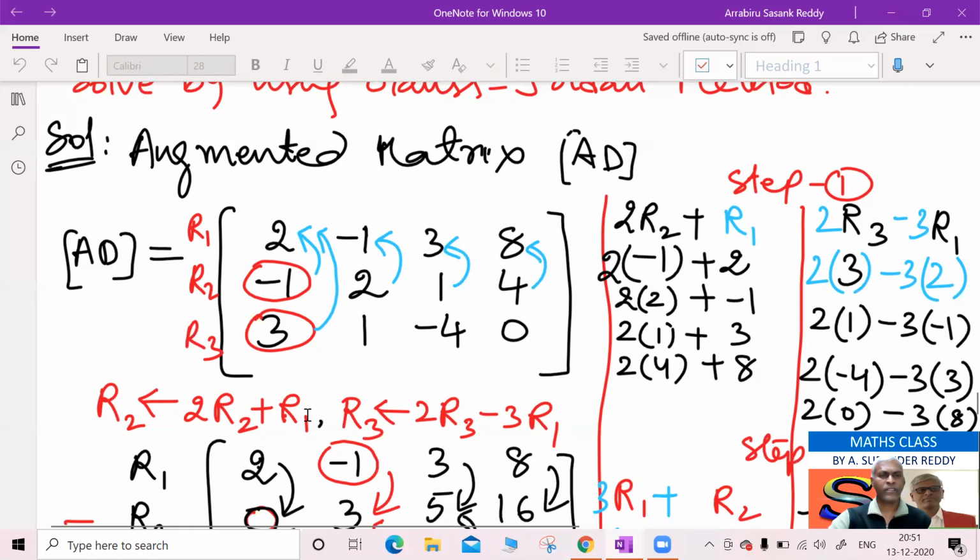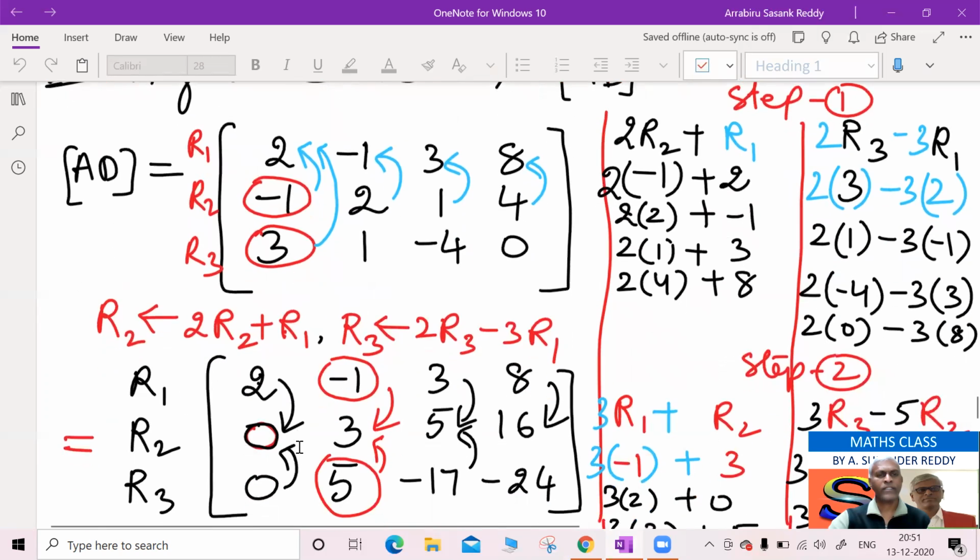By applying this formula for all the elements of R2, you get the changed numbers. So minus 1 becomes 0. And apply the same formula for 2, taking minus 1, 2, minus 1: R2 value 2, R1 value minus 1.